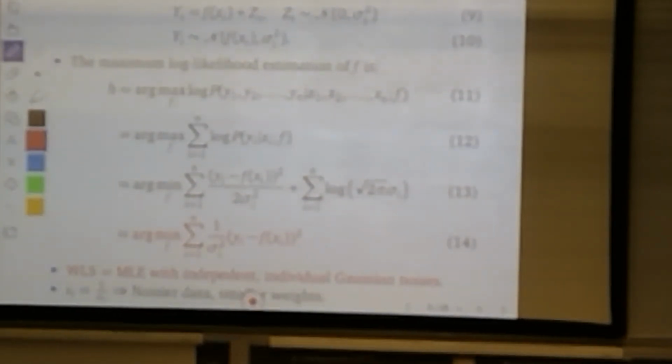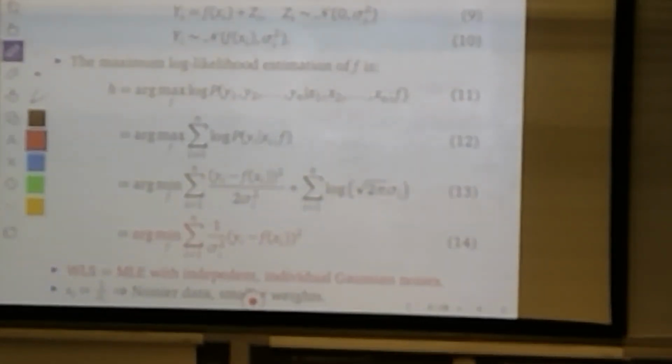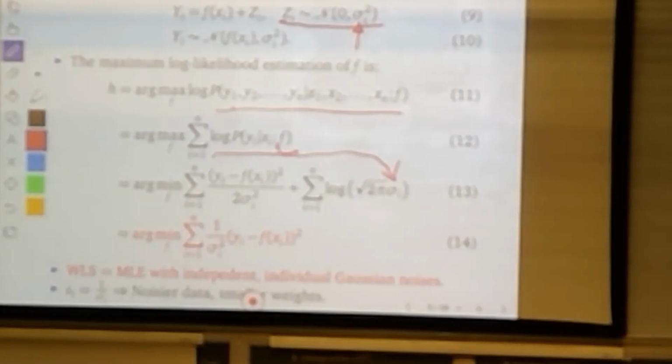A third view of getting to the same conclusion is to go for the MLE directly. Since each noise model Z_i follows the normal distribution with its own sigma_i, when we derive the maximum log likelihood estimation, each term takes its own sigma_i. In the past derivation, we had the same constant.